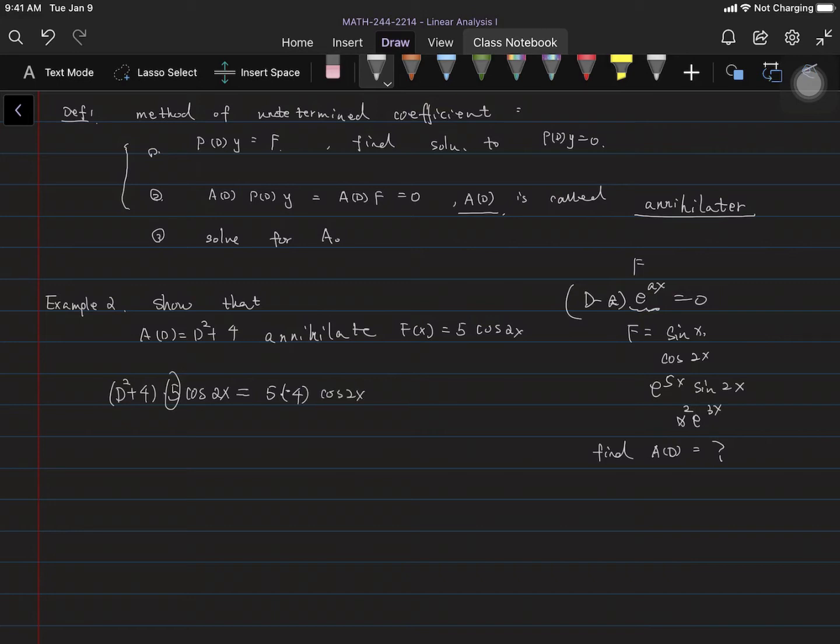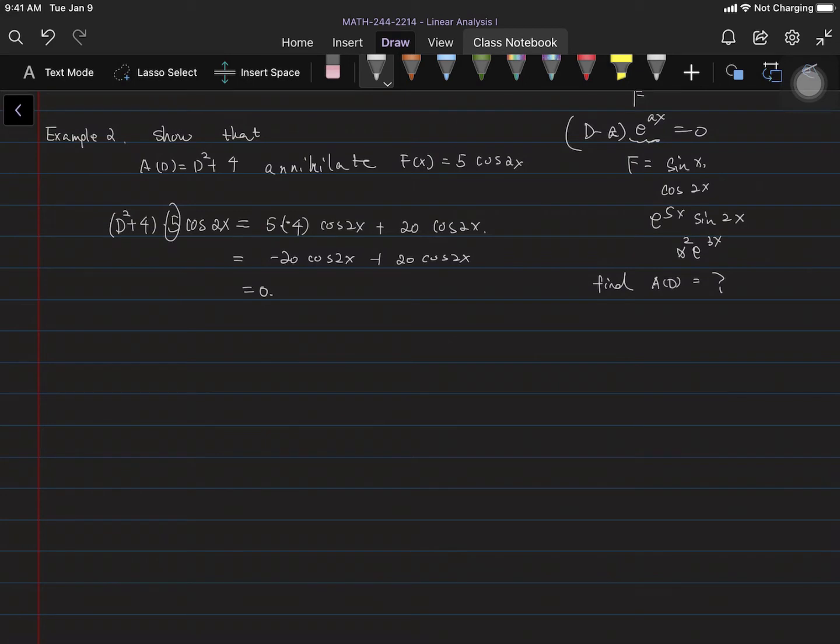That's the second derivative, right? And just plus 4, so plus 20 times cosine 2x. That means negative 20 cosine 2x plus 20 cosine 2x definitely equals 0.